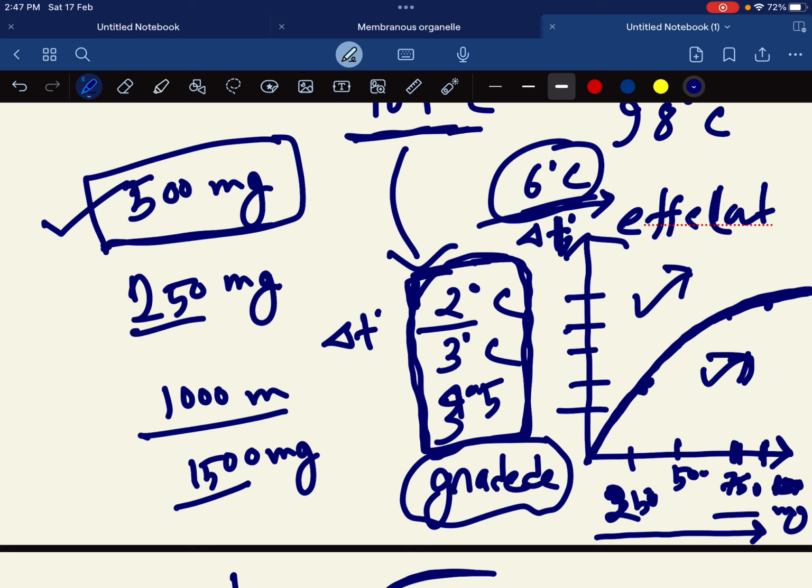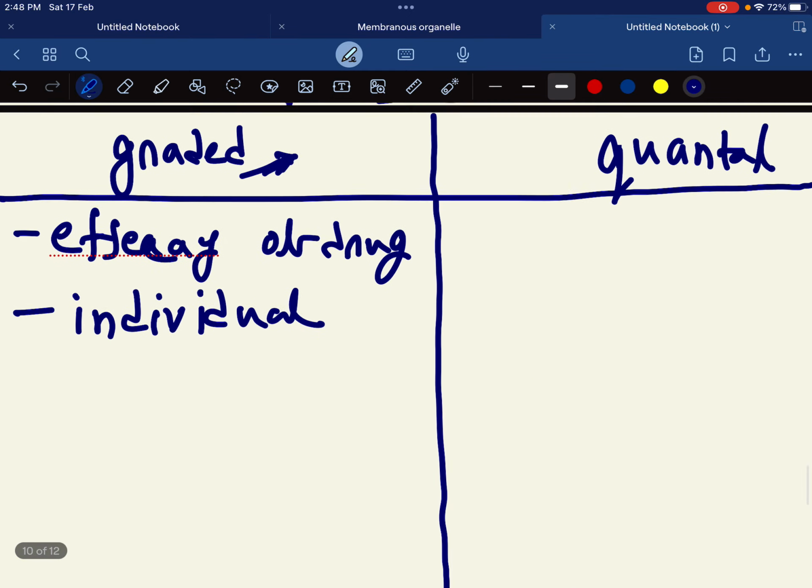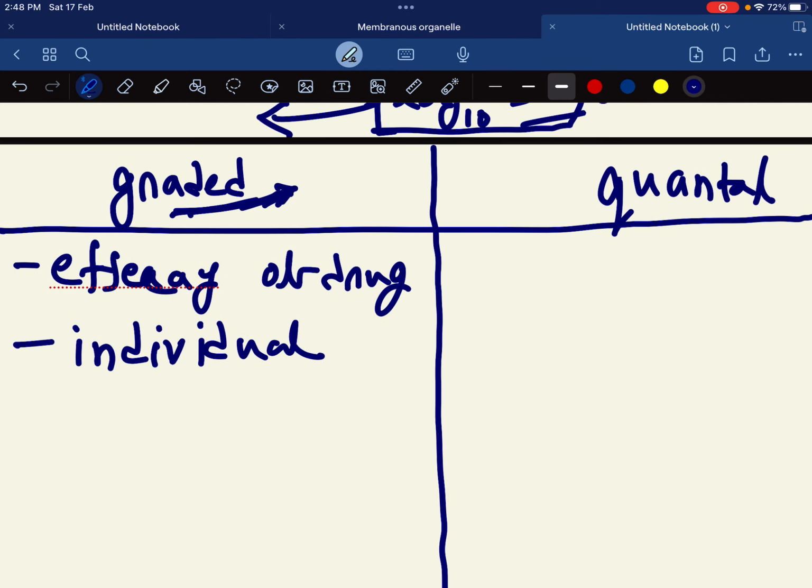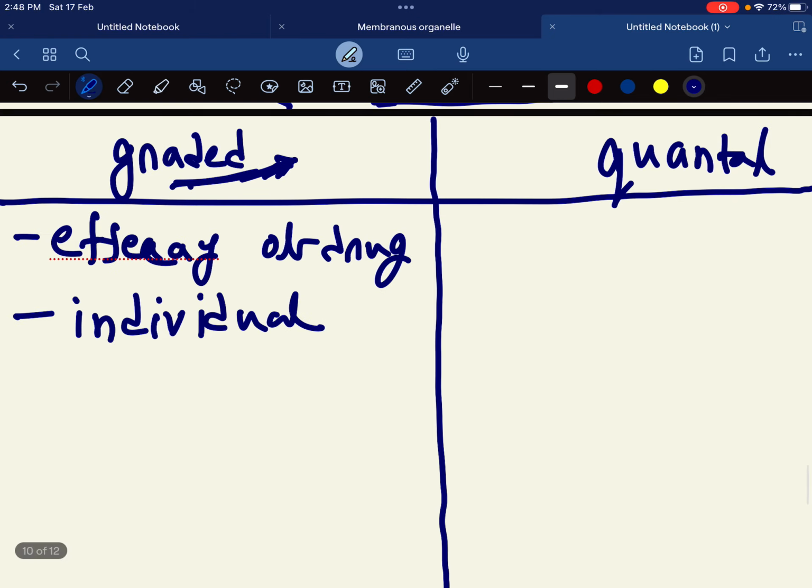But whenever you take a statistical analysis for, say, 10,000 people, then you cannot use this graded drug response curve. Then, for mass people, we consider the quantal drug response curve. So for mass people, I take the quantal drug response curve.